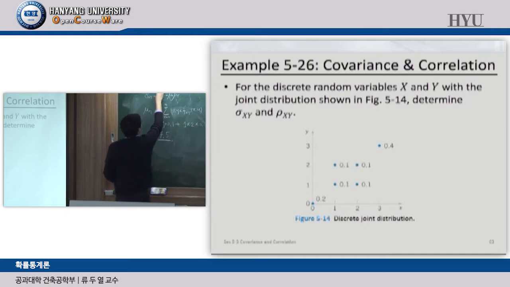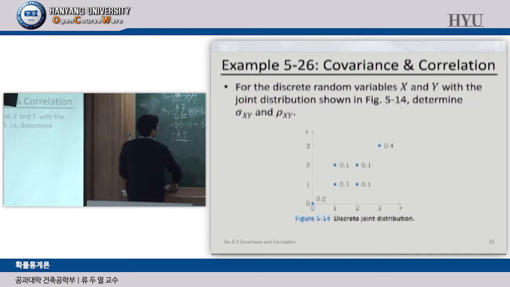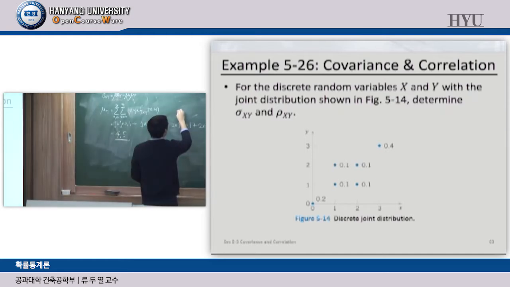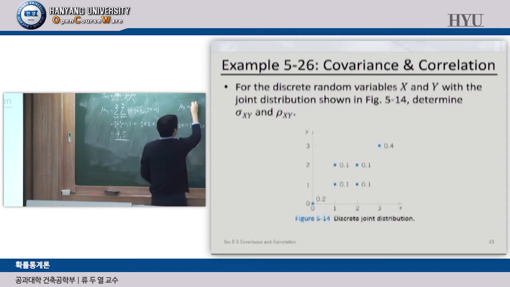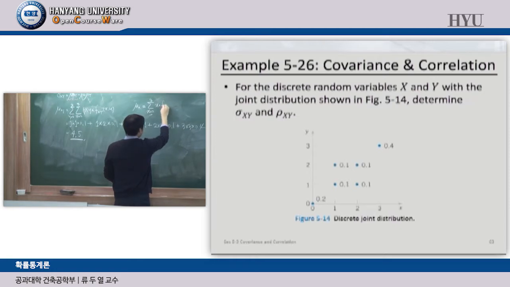So this is equal to 4.5. And then we are going to calculate the marginal mean of x. That is equal to the summation over x from 0 to 3 of x times the marginal probability mass function fx.